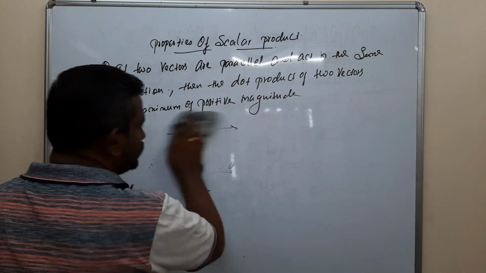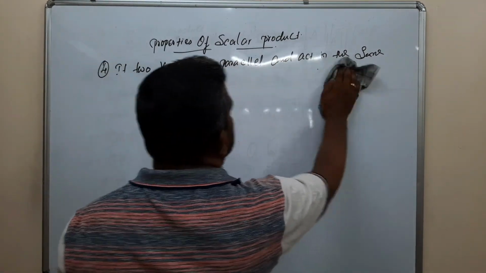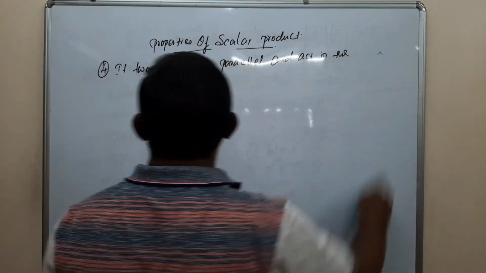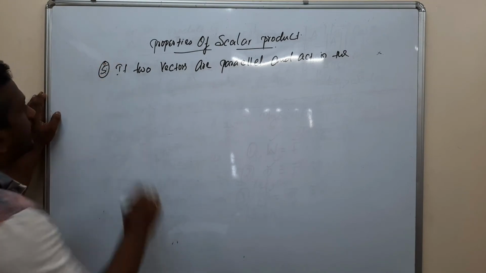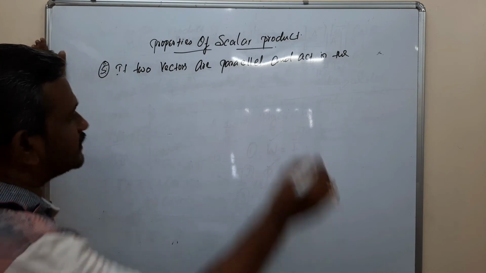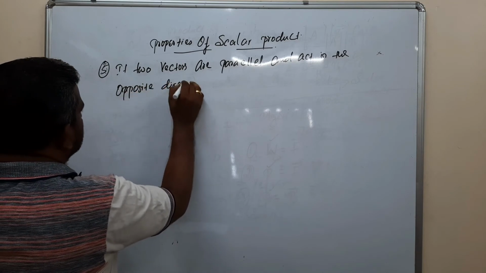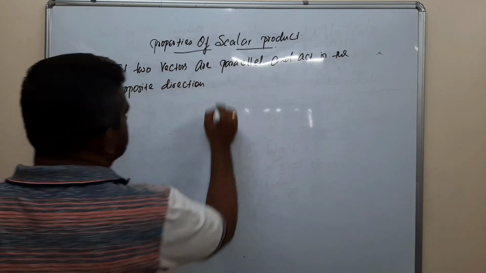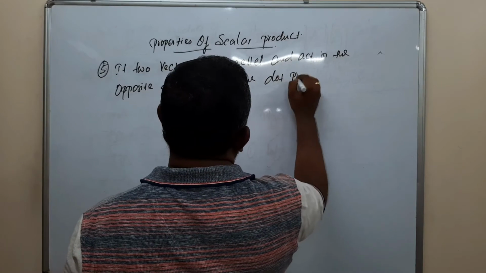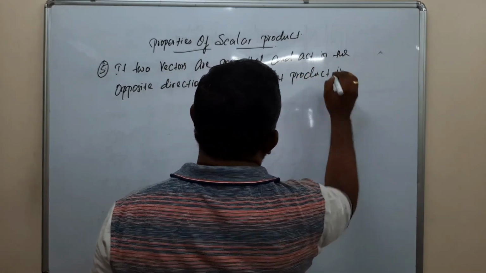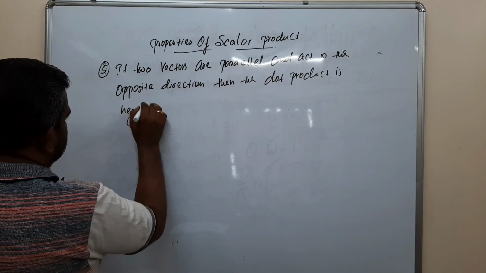Then the fifth point. If two vectors are parallel and act in the opposite direction, then the dot product is negative maximum.